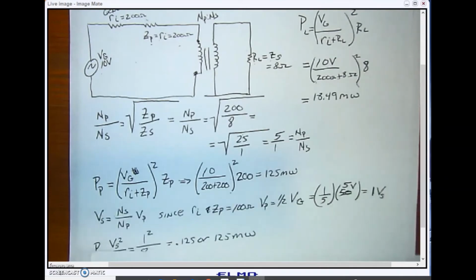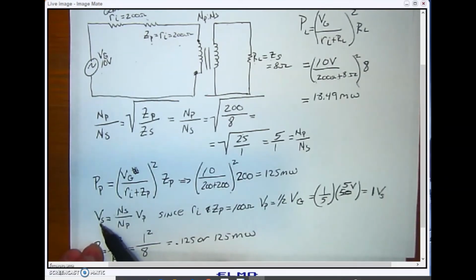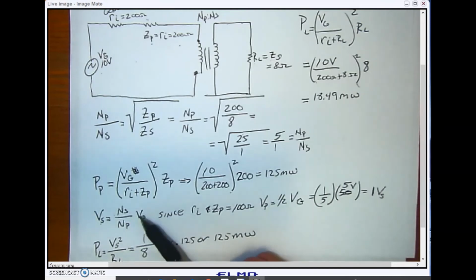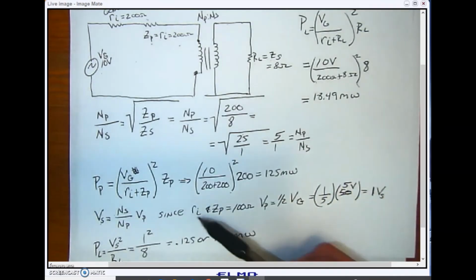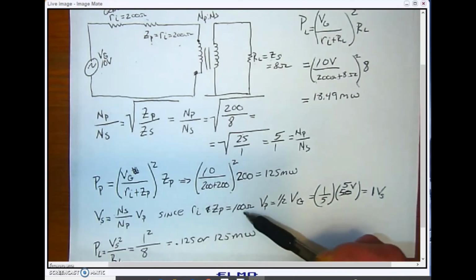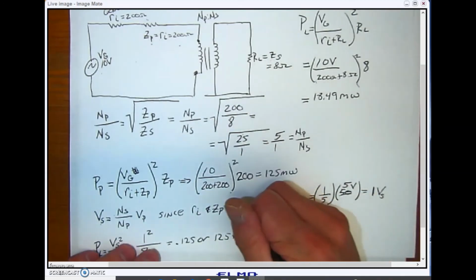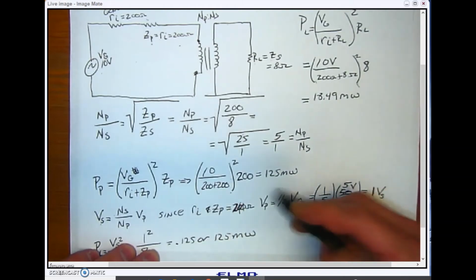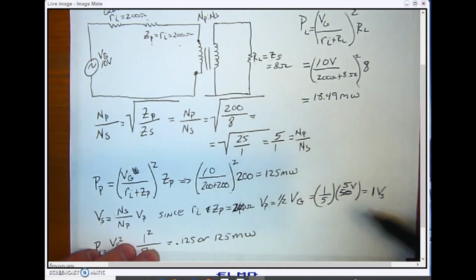So if we actually look at the equation, the final part is we have to find the voltage in the secondary. The voltage in the secondary is the number of turns in the secondary over the primary, times the voltage in the primary. Since RI and ZP are equal to 200 ohms each, VP is equal to 1/2 of VG.